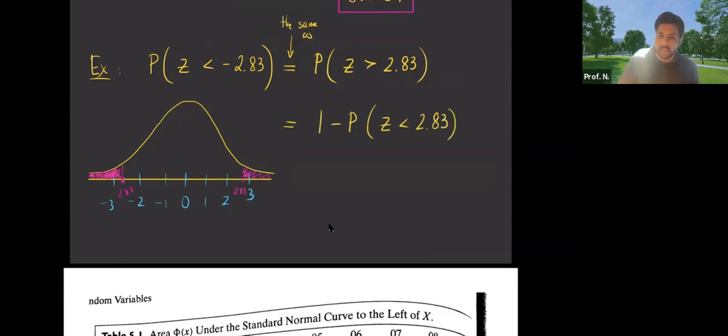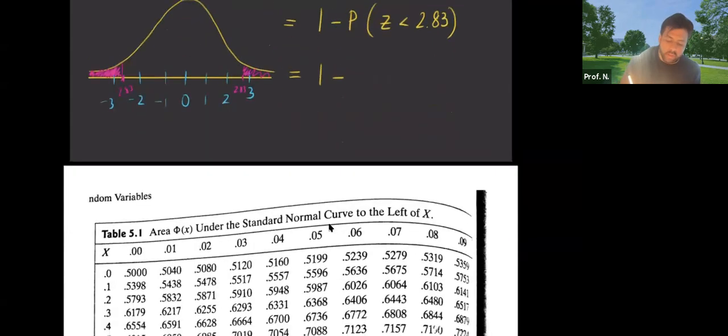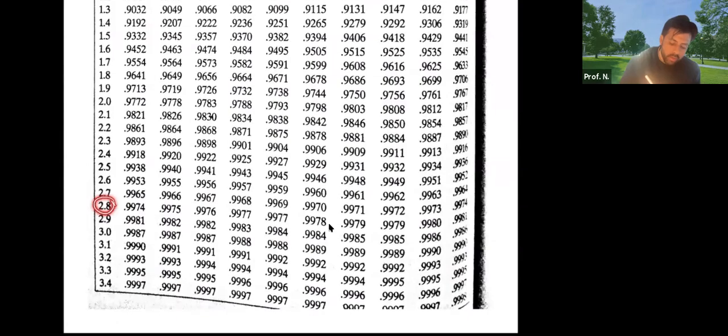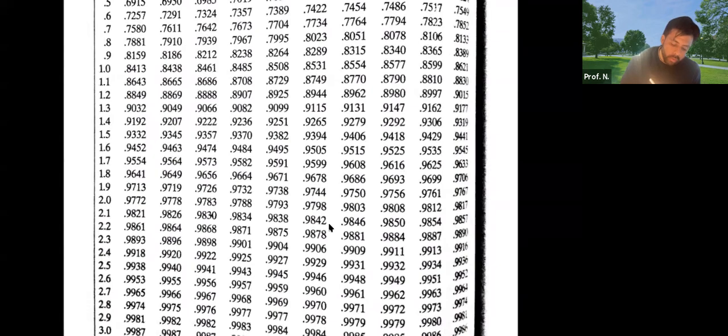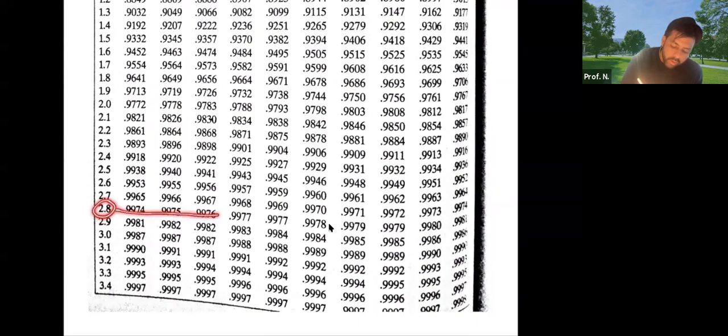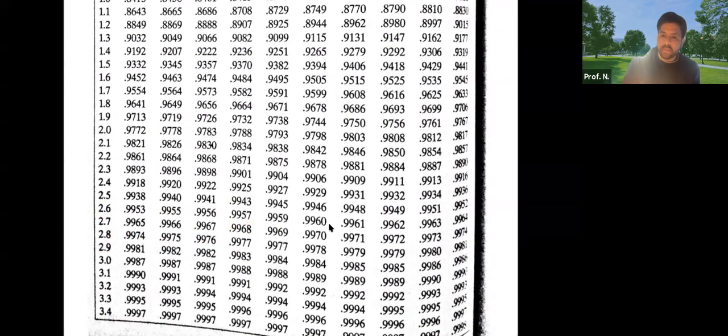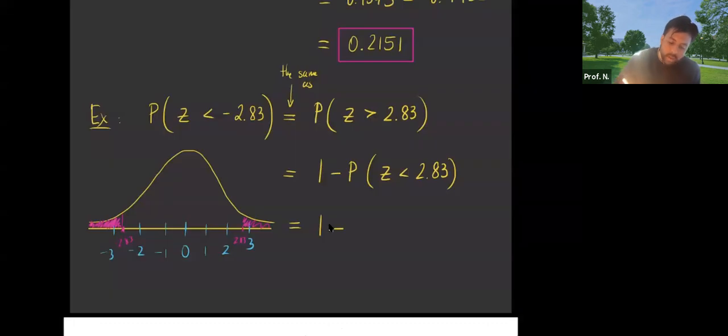Does that make sense? So then, what is the area to the left of 2.83? So 2.8, and then we got 0.3 over here, so it's the fourth column. So 2.8 with the fourth number here. So it's 0.9977.